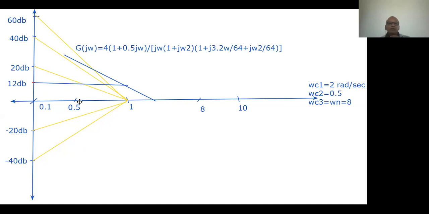That is 0.5, and at this corner frequency, the slope equals plus 20 dB per decade, going in the upward direction.